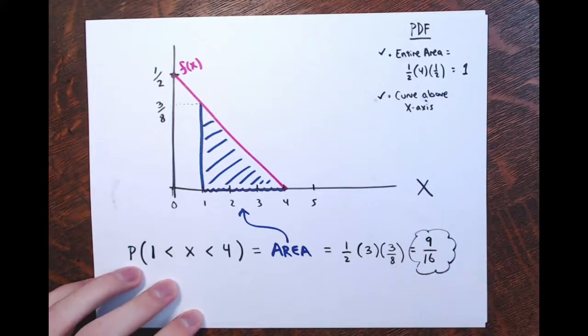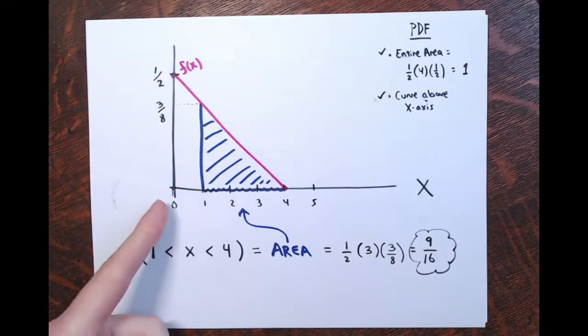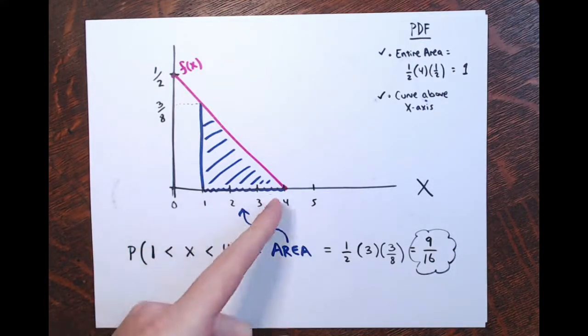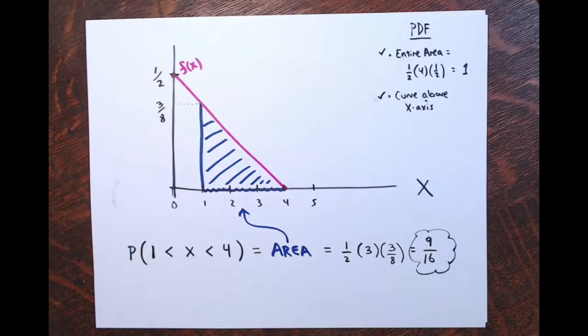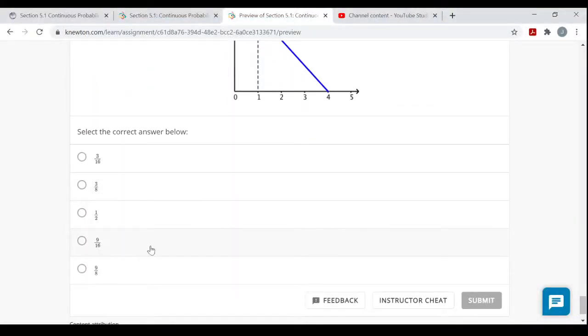So 9/16 would be the probability of picking a value at random from 0 to 4 and having that value fall between 1 and 4. And 9/16 is over 50%, if you want to put it in a calculator to get a percentage. But they're asking for a fraction here. Look at our choices, 9/16 right there.